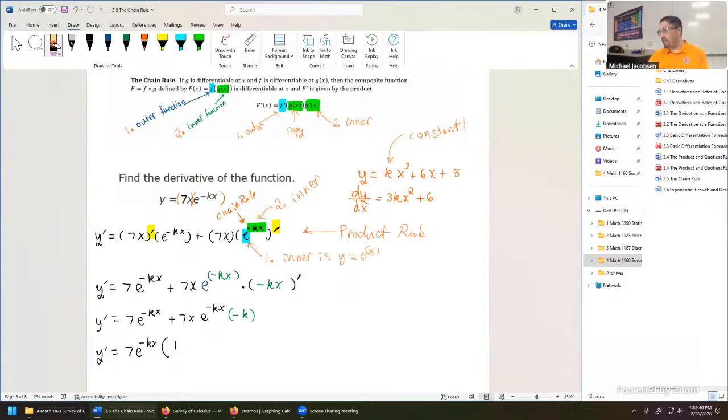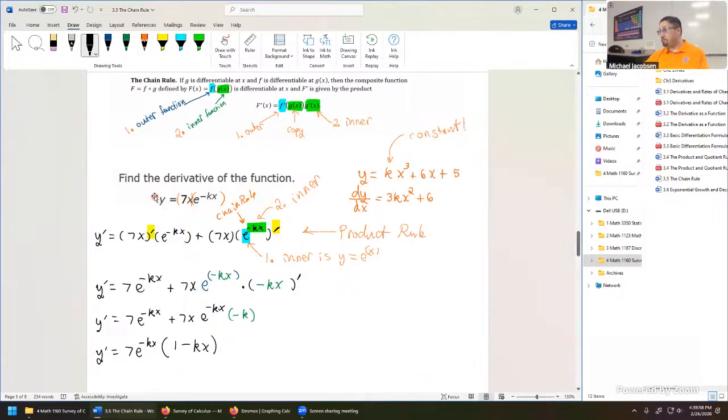All that's going to survive is going to be x times minus k, or you could just write it as minus k times x. That's just faster to type in, so sometimes taking a little bit of algebra is helpful for WebAssign as well.